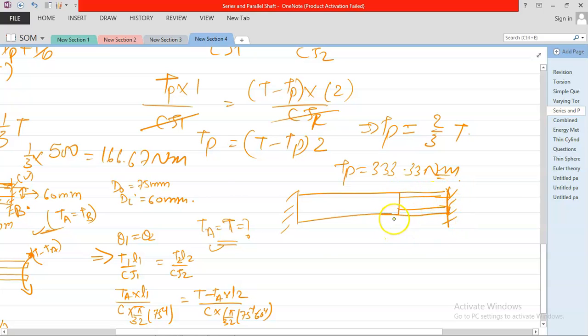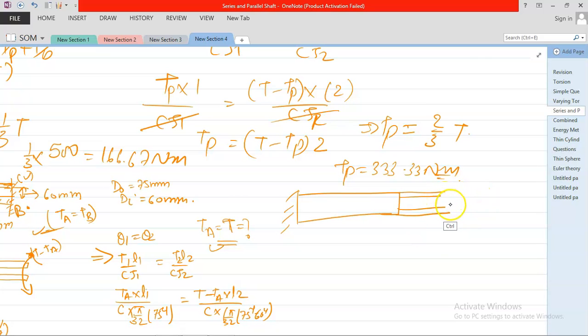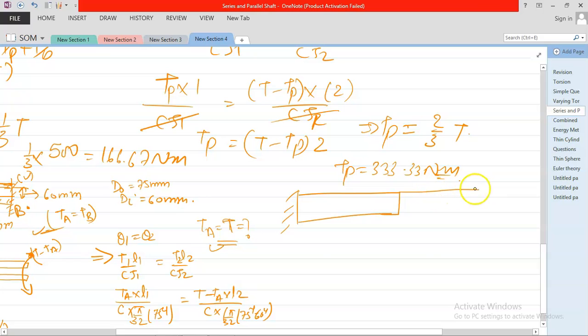So this is your case, and now I am applying torque. You say that torque at any distance x from center.